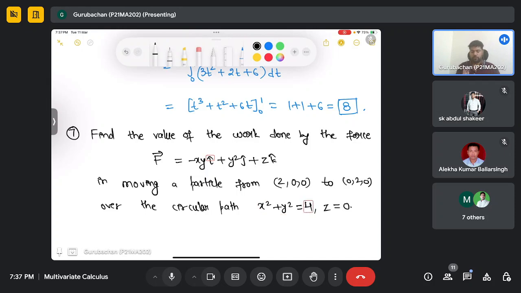So you have been given a force field and you have to follow a circular path from 2, 0, 0 to 0, 2, 0, where z is 0. We have to find the work done, and work done is nothing but the line integral of F dot dr over this particular curve. So try it.